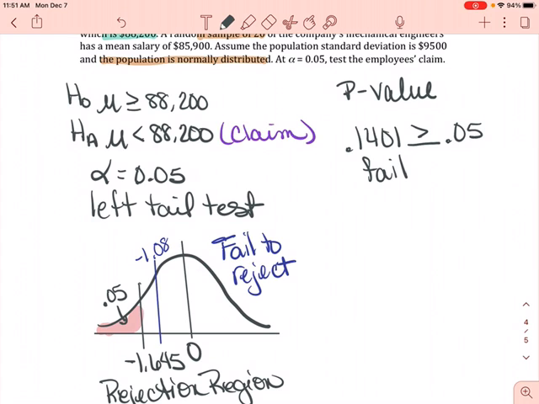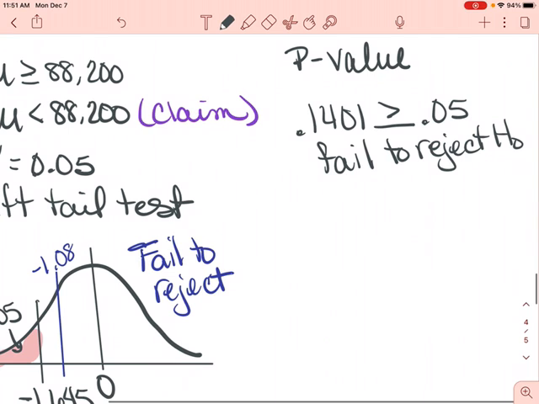This also says fail to reject. Okay, so both are in agreement. Both are fail to reject H sub O. So write our conclusion here.